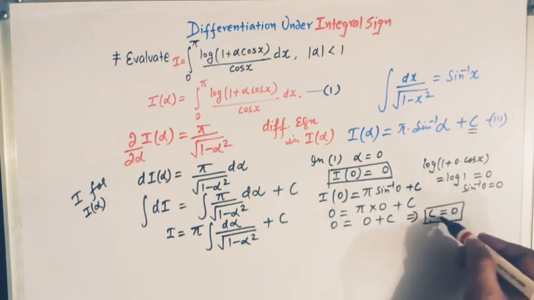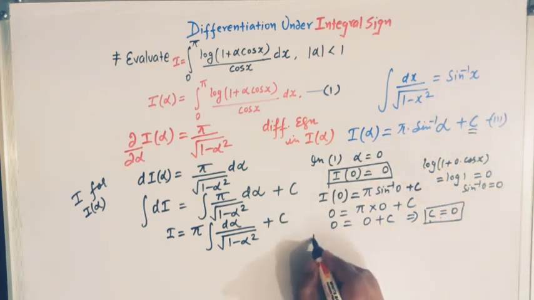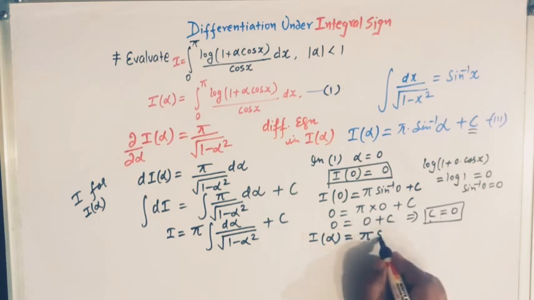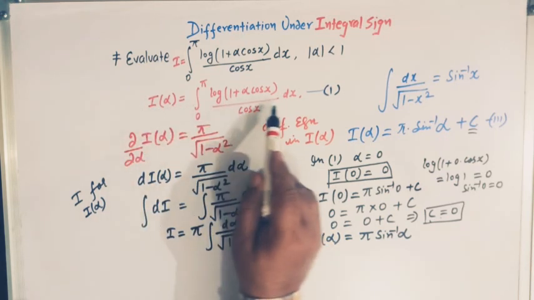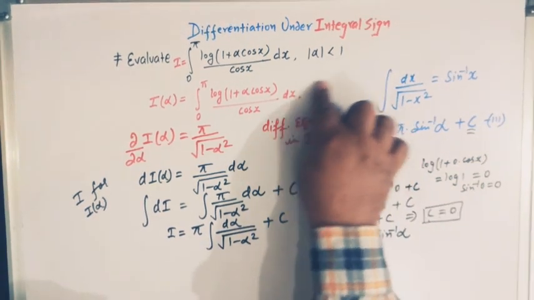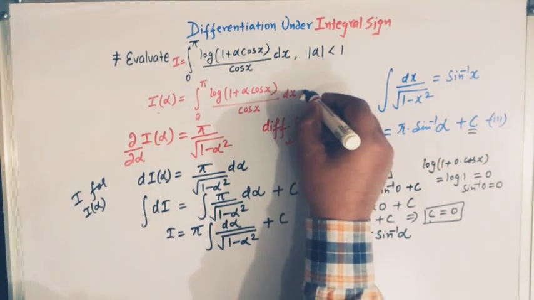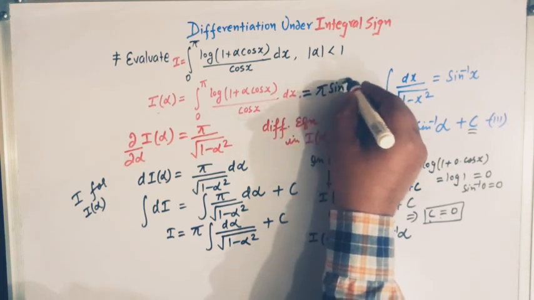Now substituting this value of c in equation number 3, we'll get I of alpha is equal to pi sine inverse alpha, right? And what is I of alpha? I of alpha is our original integral, right? So the value of the original integral is equal to pi sine inverse alpha.